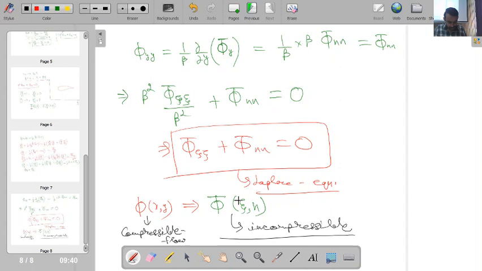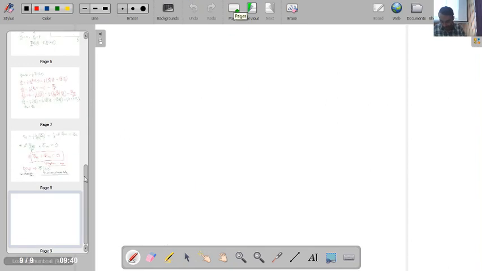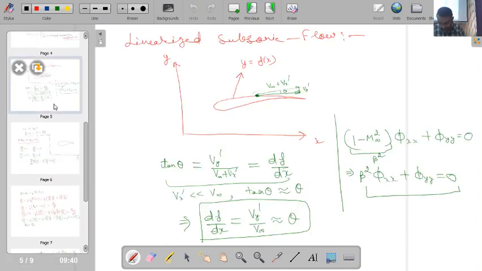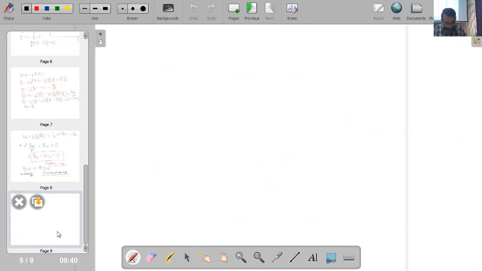Now let's try to transform it, how it goes to the velocity potential function. Another important point is that we have one boundary condition. If you recall, df by dx is equal to vy dash by v infinity.